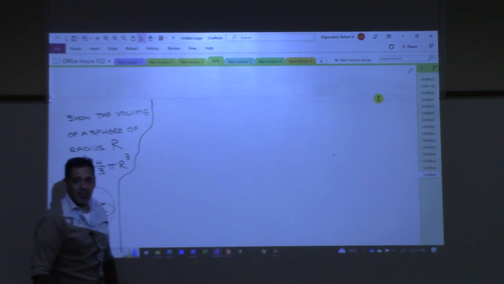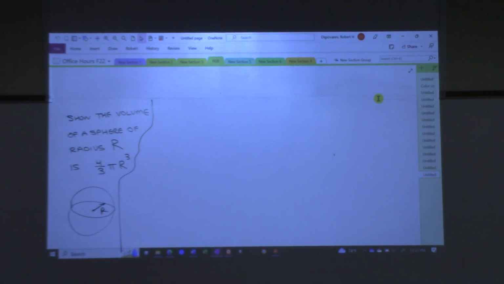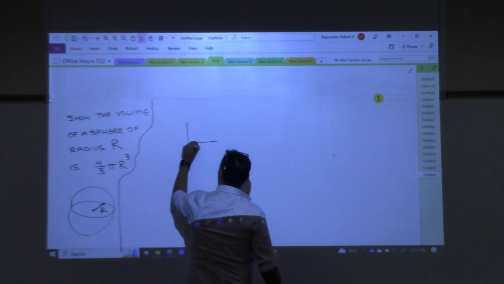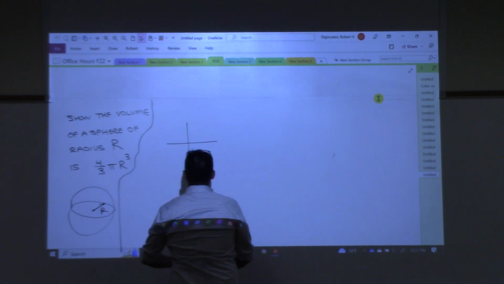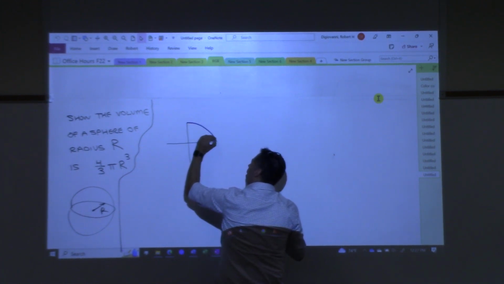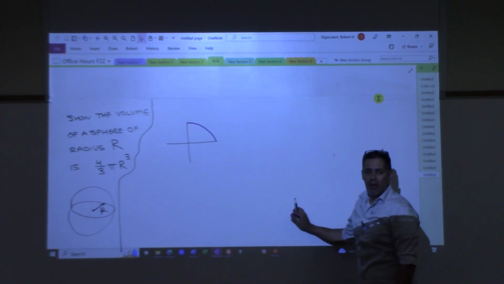All right, so here we go. This is going to be a little bit crazy, but I think the end reward is that we get to prove the formula. So I'm sitting here going, how in the world am I going to prove that this is true? Well, now I have this idea that I can rotate regions around axes. If I want to keep it real simple, can't I just take the first quadrant of a circle of radius r?